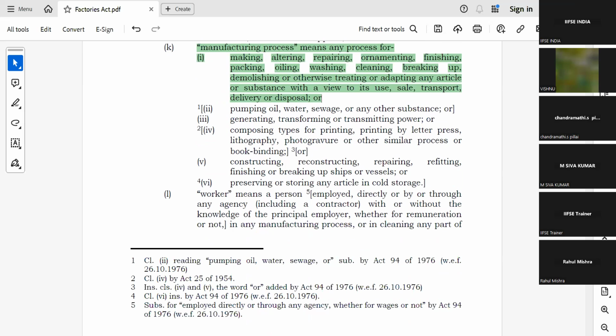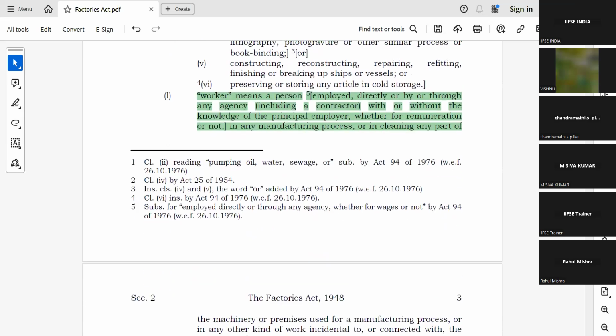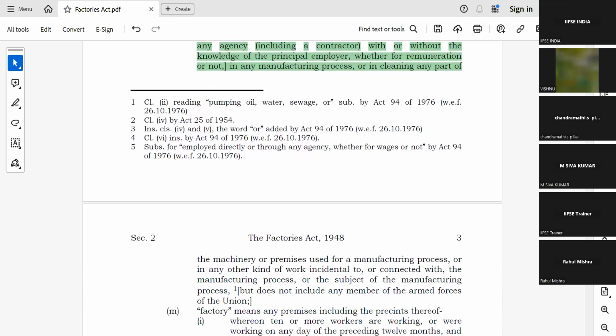Also, this definition we missed out: what exactly is meant by worker. A worker means a person employed, directly or through any agency including a contractor, with or without the knowledge of the principal employer, whether for remuneration or not, in any manufacturing process, or in cleaning any part of the machinery or premises used for a manufacturing process, or in any other kind of work incidental to or connected with the manufacturing process or the subject of the manufacturing process, but does not include any member of the armed forces of the Union.